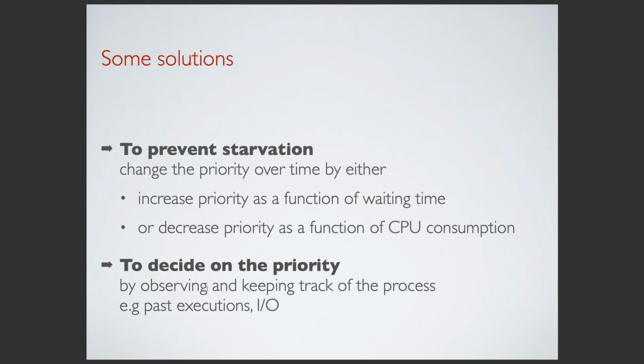Or what you can do is the following. You can observe the process, okay? For example, it's a process that you have already seen. So you see what the process is going to do. You see whether it's going to be intensive. You see how long it's going to take, and so on and so forth. Or even if it's a new program, you can look at the I/O. Why? Because if the program is doing a lot of I/O, it means it doesn't have a high priority.